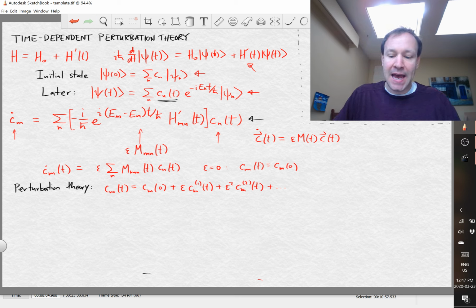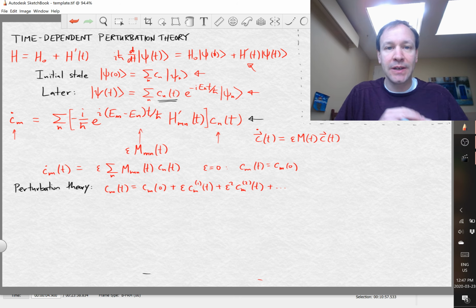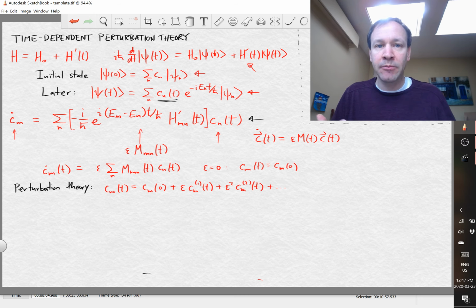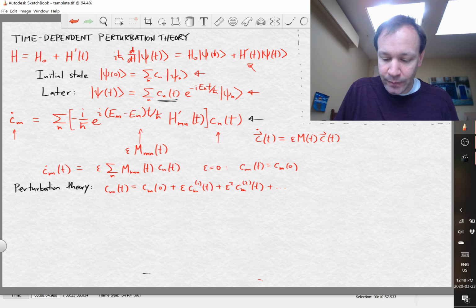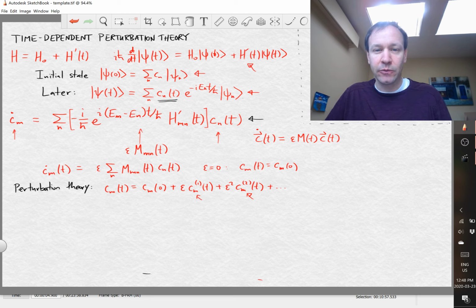Okay. And so even though we're not going to be able to exactly solve for Cm of t, we will be able to get some explicit expression for these functions in the perturbative expansion. We're just going to focus on first order perturbation theory here. Okay.